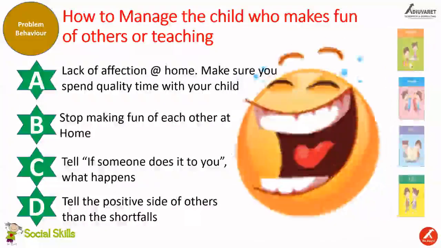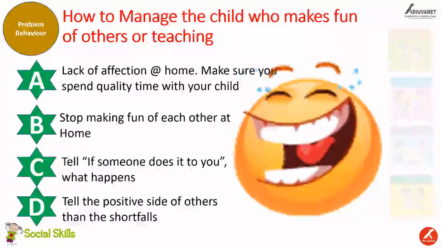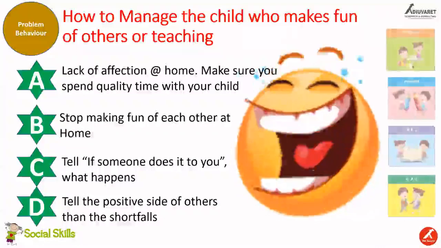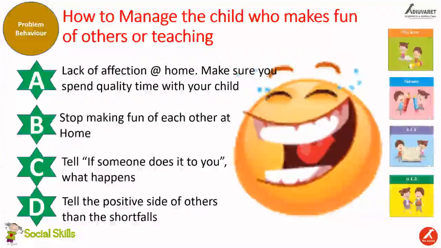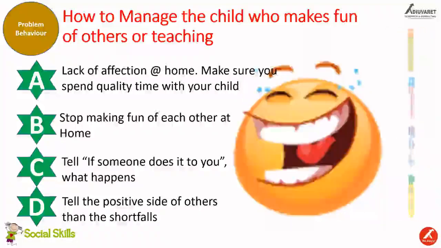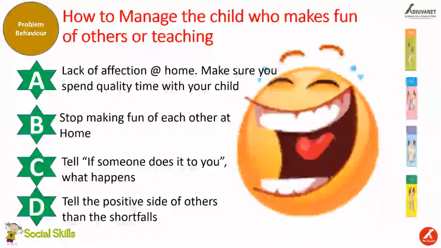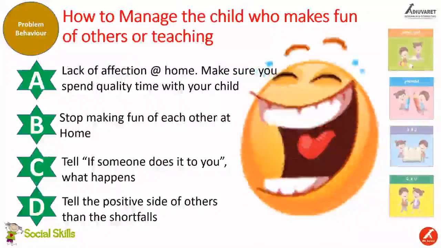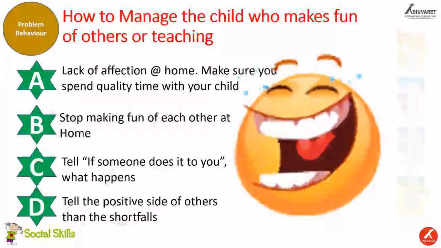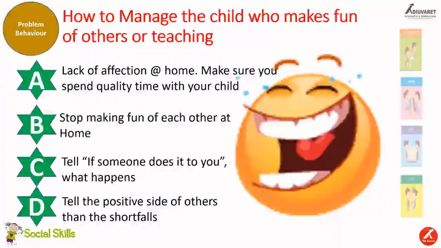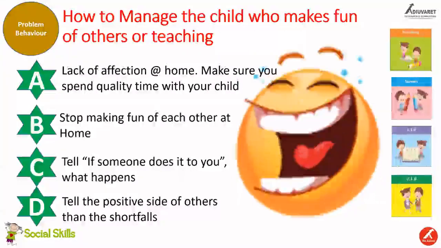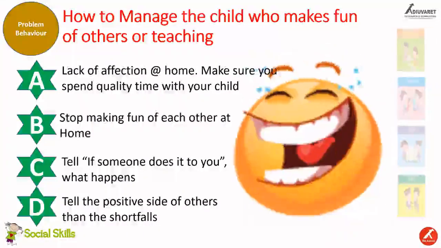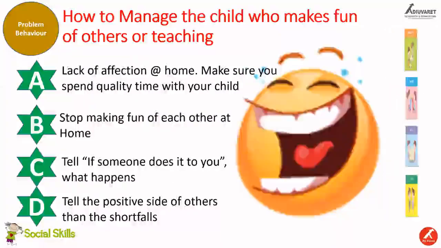Always talking about the positive sides of others, rather than discussing negative things and shortfalls, will make a way for the child to think positives about others rather than negatives. Teasing and making fun of others happens if we discuss the negative things of a particular child.